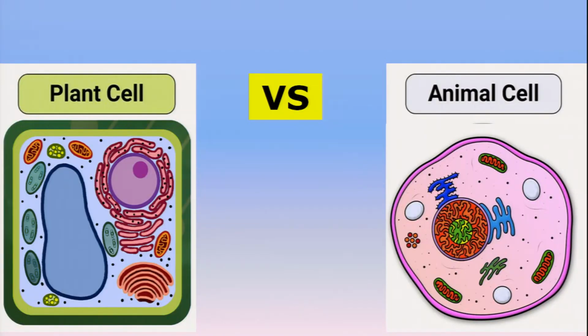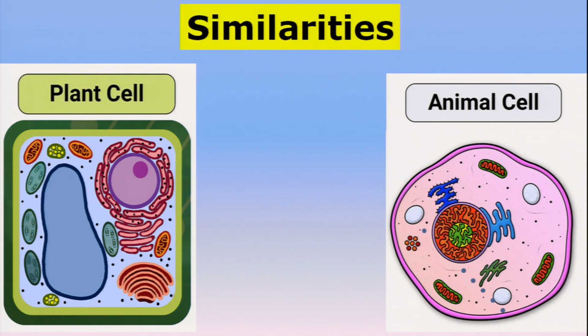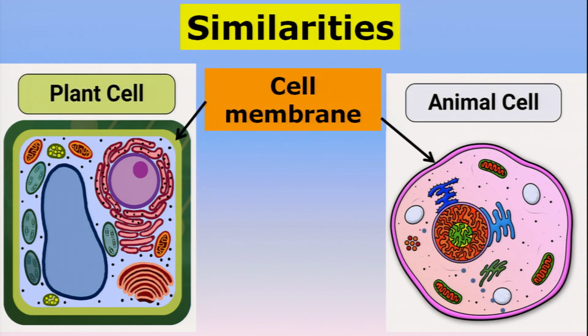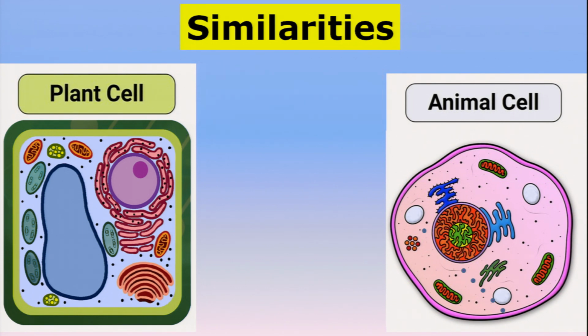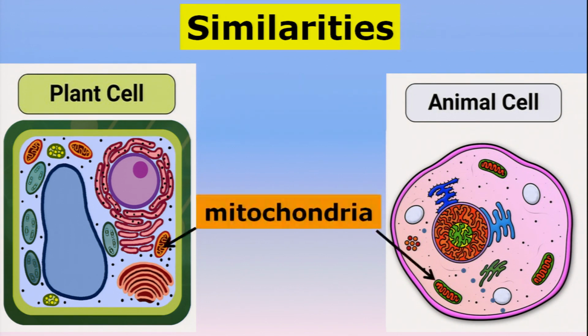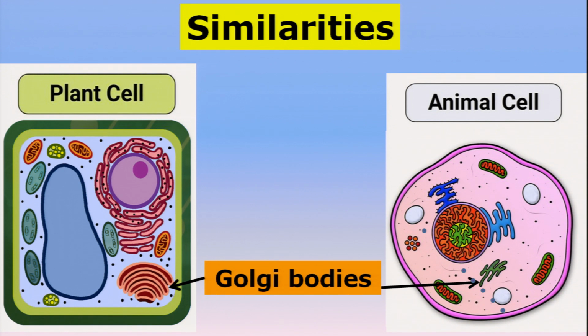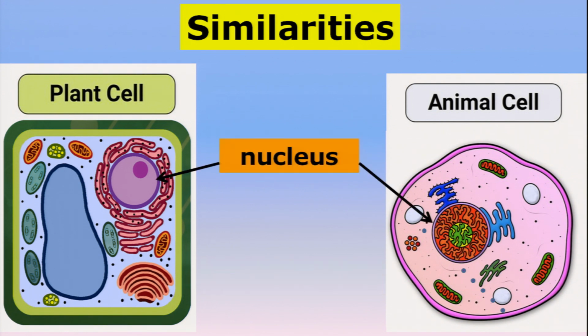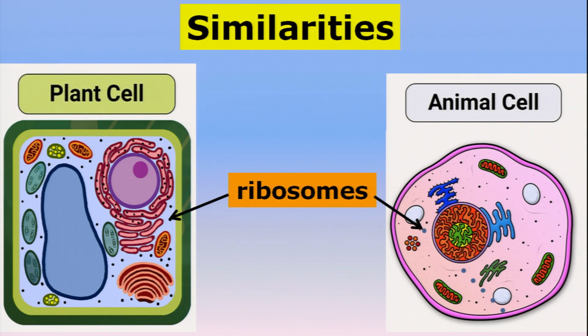So what are the similarities between a plant cell and animal cell? We see the similarities are that both the types of cells have cell membrane, both plant cell and animal cell have endoplasmic reticulum, both the types of cells have mitochondria, they have Golgi bodies, they have nucleus and they have ribosomes.